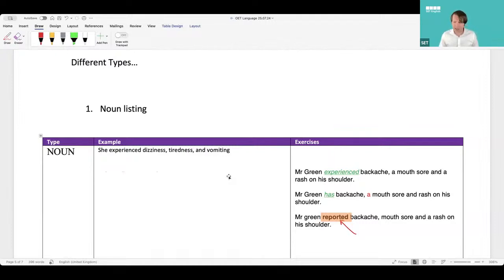Also, who else has joined my class recently? Who joined us recently? The brain's not working today. Me. Yeah, Enes, right? Is this a noun? Dizzy. Is that a noun? This is an adjective. Dizziness is a noun, right?